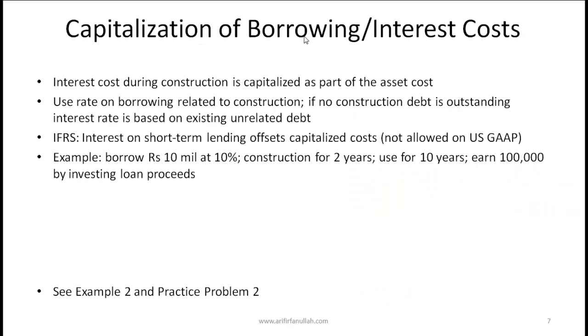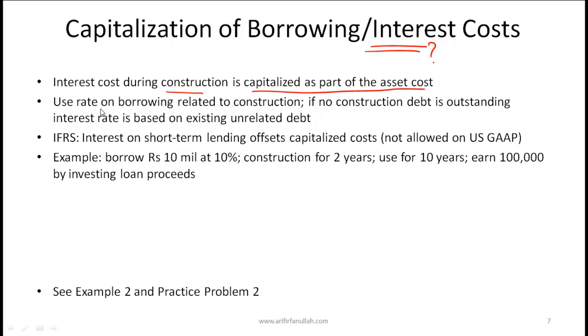Capitalization of borrowing slash interest costs. Now this applies where you borrow money to construct an asset, and let's say you are paying interest on that borrowed money. What do you do with that interest? The answer is that the interest paid during construction of the asset is capitalized as part of the asset cost.